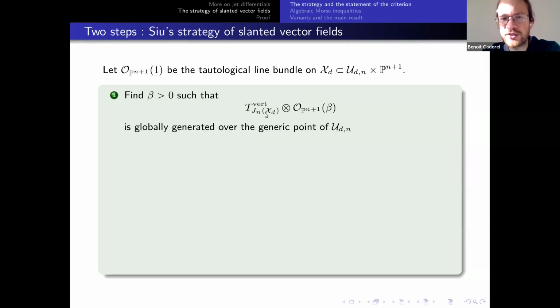So you want to prove that this tensor product is globally generated at least above the generic point of the base of your universal family of hypersurfaces.